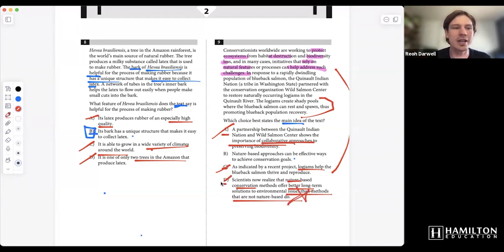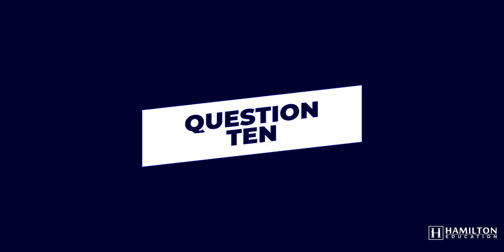No. They're not saying other methods are less effective. They're just saying this is an effective method. So ultimately, B is correct because it directly lines up with the thesis at the beginning of this passage. And that's what we have to find for these main idea questions, the thesis.